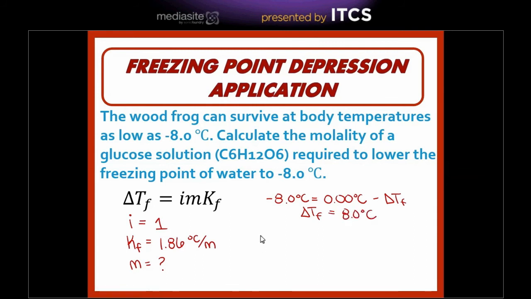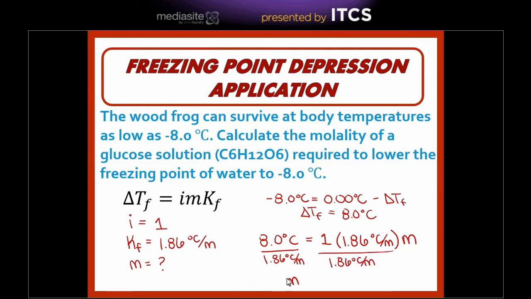We can plug this information back into the equation and divide by the Kf value on both sides, and we ultimately get the molality of the glucose solution in the frog's blood, or in their cells, to be 4.3.